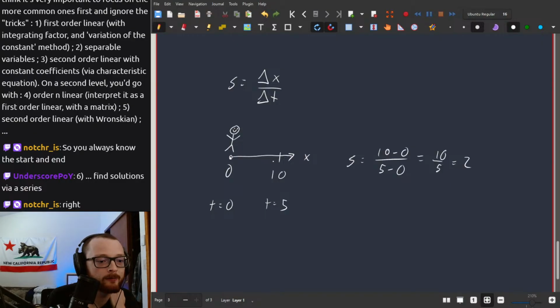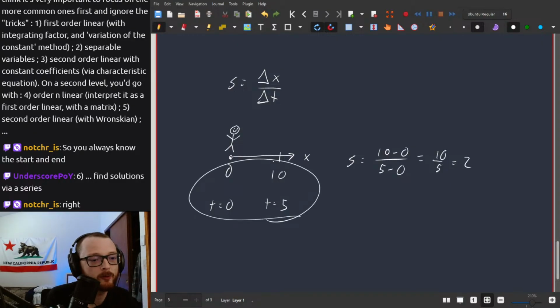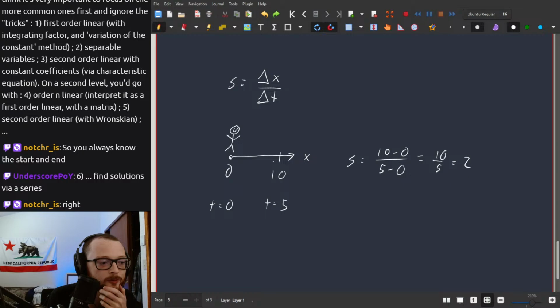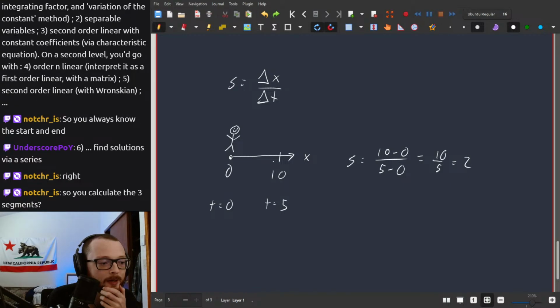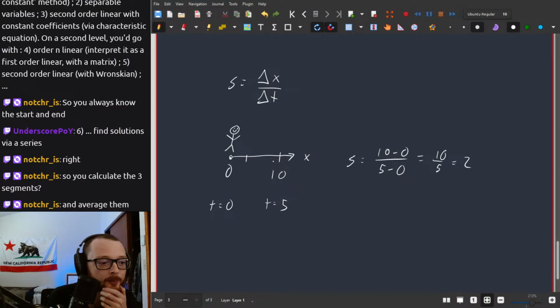It's no longer good enough to just look at the start and end. We have to look at when things change. Exactly, so we split it up. Let's say at 3 seconds I change speed, and then again at 7 seconds I change speed.